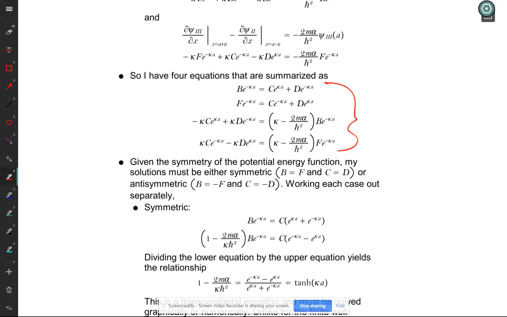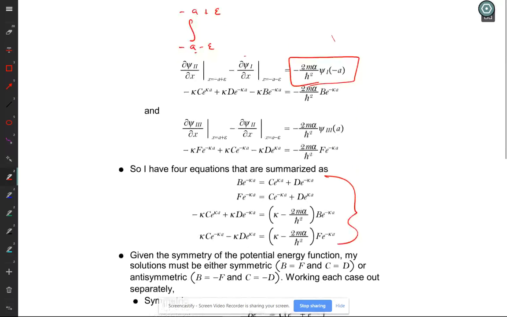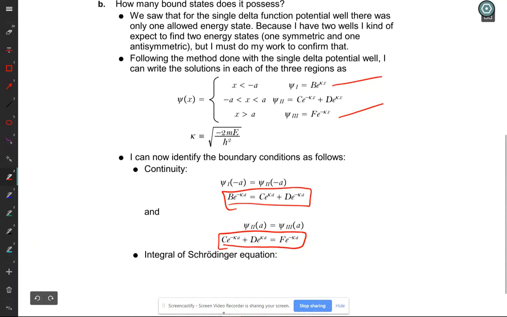And then I identified I'm going to have either a symmetric or anti-symmetric solution. So a symmetric solution, and I'm going to come back to these solutions, would have B equal to F and C equal to D. An anti-symmetric solution would have B equals minus F and C equals minus D.